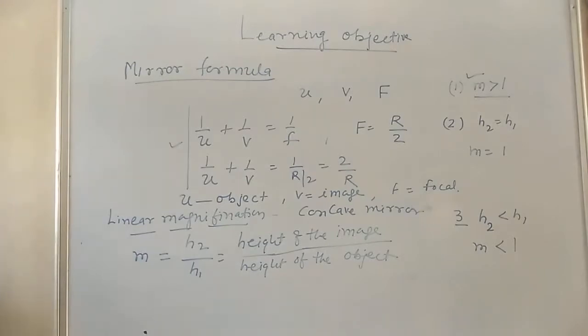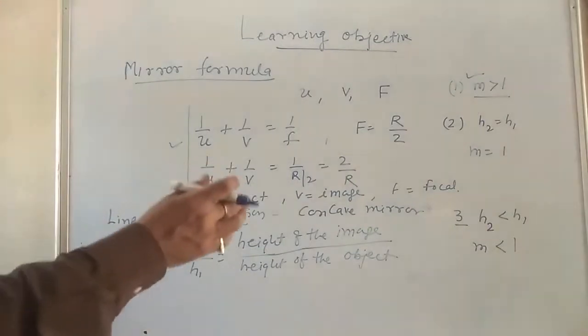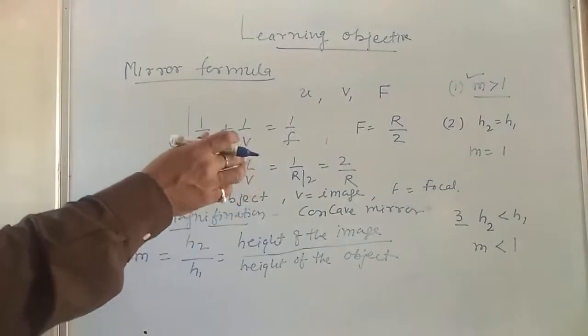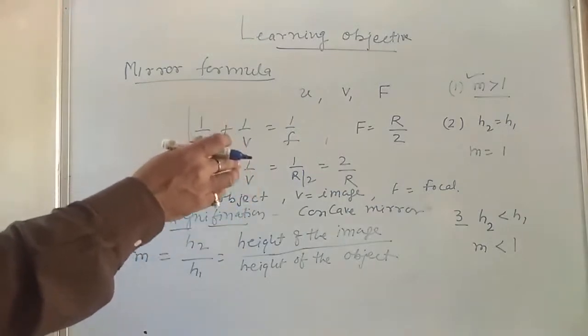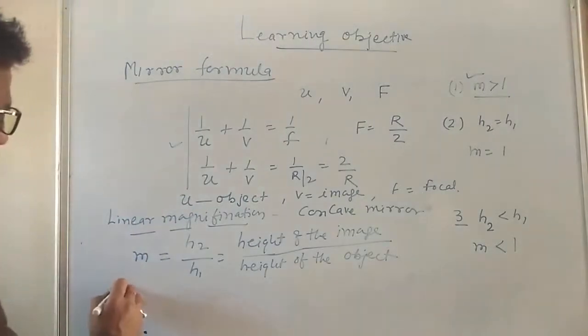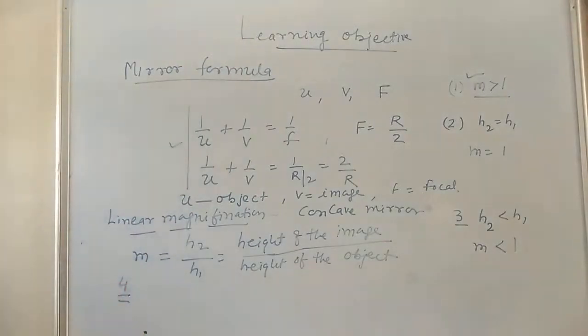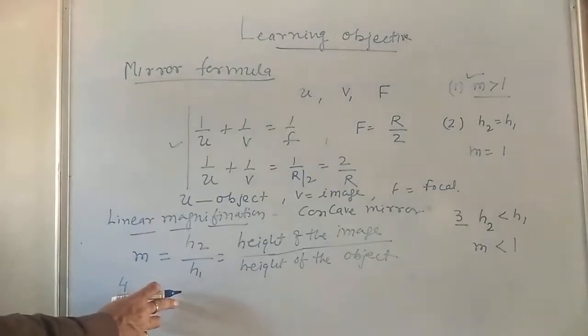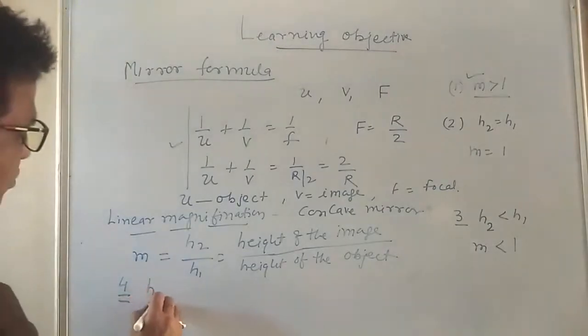Okay, when the image is real, it is inverted. The image lies below the principal axis. Therefore, height of the image is negative and height of the object is positive. In the fourth case, when the image is real, it is inverted, the image lies below the principal axis. So height h2 is negative.